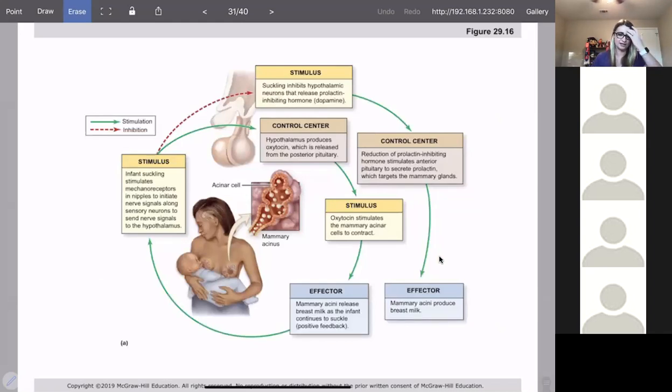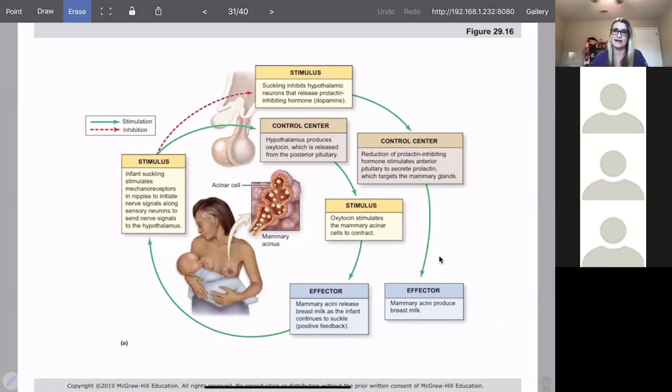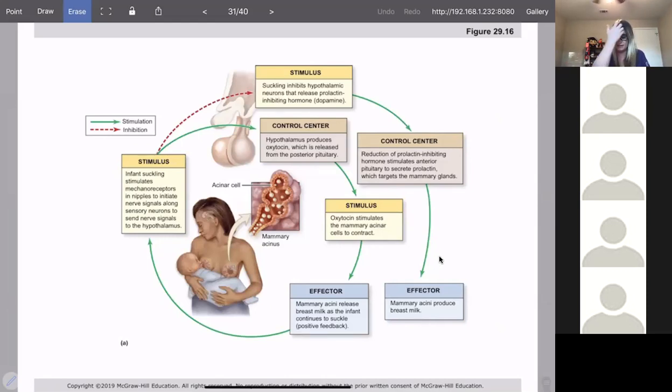Lactation is the mother feeding her infant with the breast milk that's produced in her mammary glands. The breast milk is produced by these acinar cells that are organized in alveoli, and then it is passed to the baby. The stimulus for the letdown is suckling of the infant.